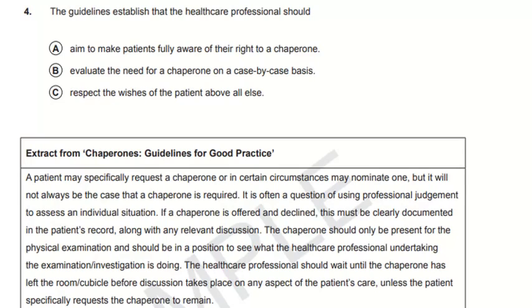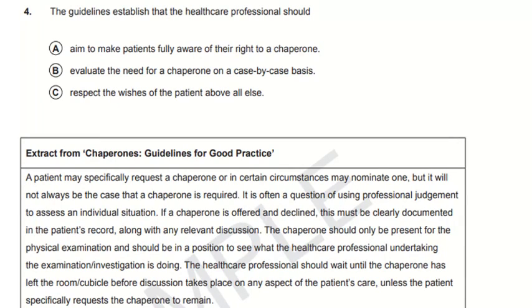First is aim to make the patient fully aware of their right to a chaperone. Second option is evaluate the need for a chaperone on a case-by-case basis. Third option is respect the wishes of patients above all else.